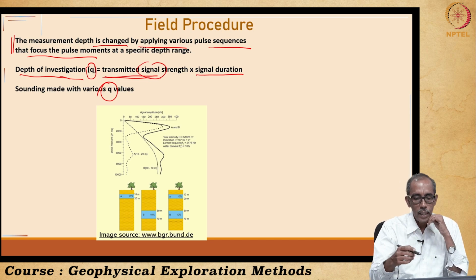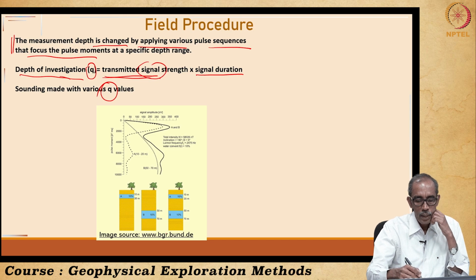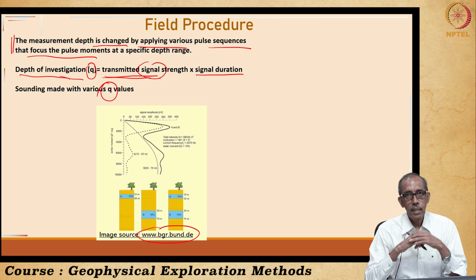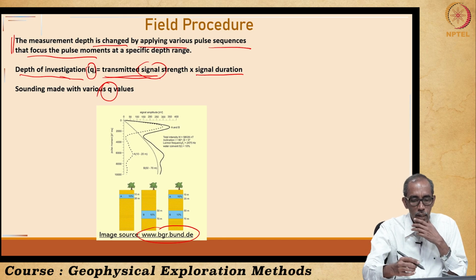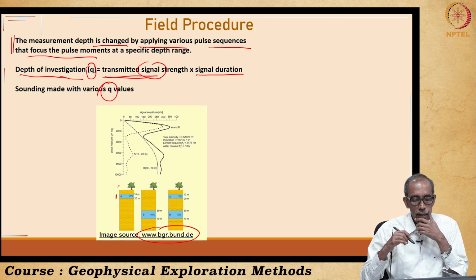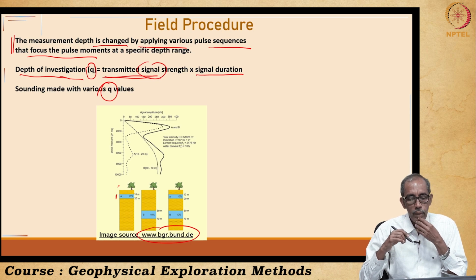By playing with that, here is an example available from this agency, which is the German Geological Survey. Here you can see the first case, right, where there is a layer A present at a depth of 10 meters below the surface of the earth.